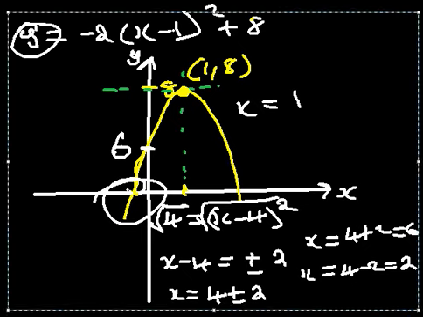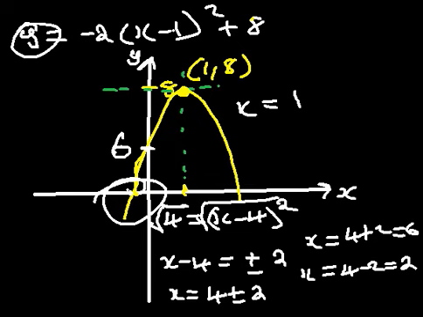What if we have to sketch this graph? Of course, we had problems in solving this one. What's going on here? I don't know where I got this from. What happened there?